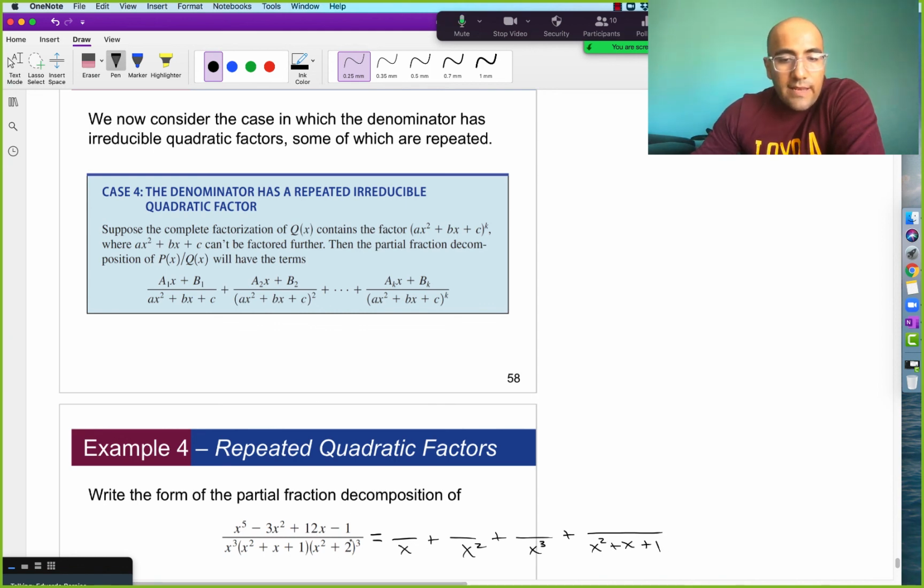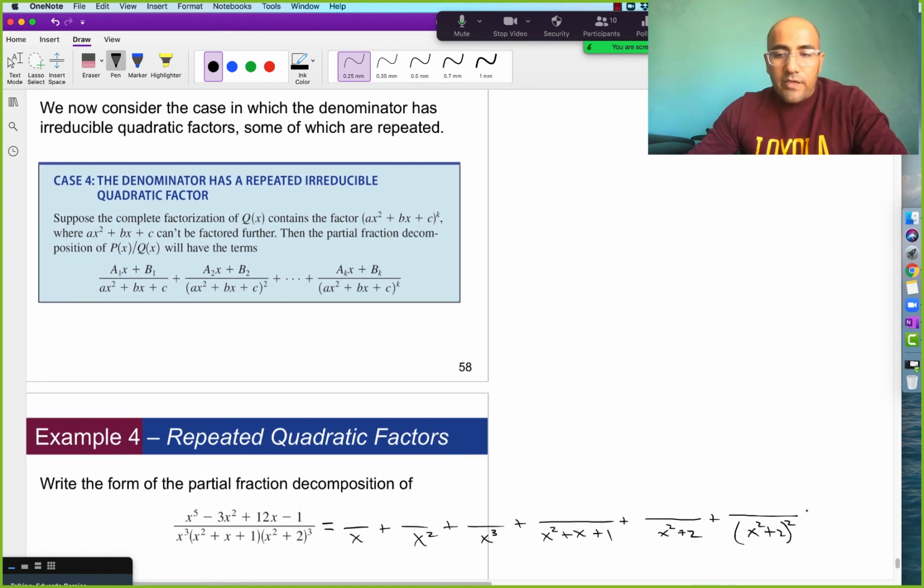So there's going to be a fraction that has an x squared plus x plus 1. Now here's another quadratic that cannot be reduced any further. It's to the power of 3. So again, we're going to have one fraction that has an x squared plus 2, another fraction that has an x squared plus 2 to the power of 2, and finally a final fraction that has an x squared plus 2 to the power of 3.